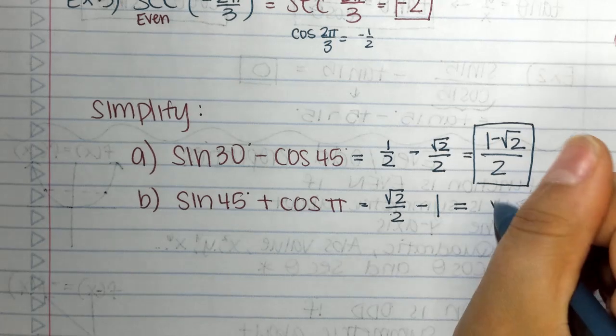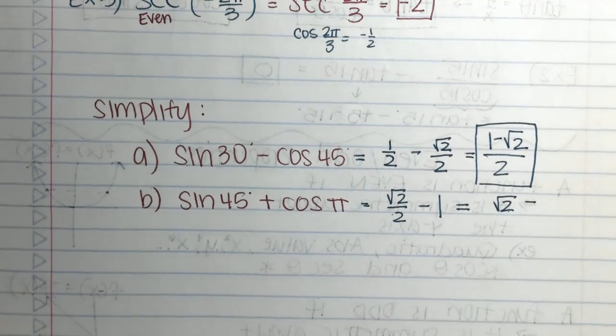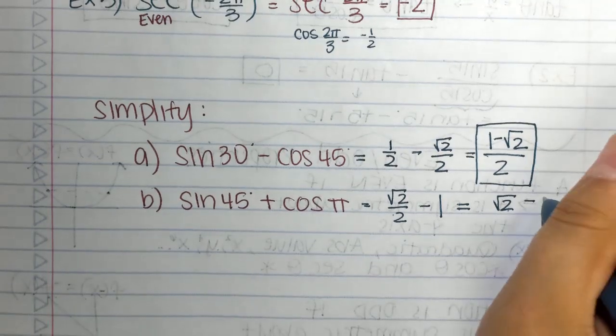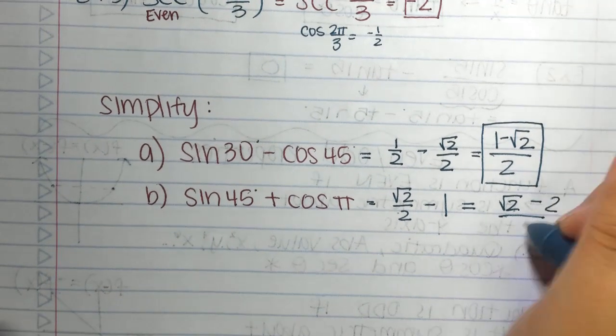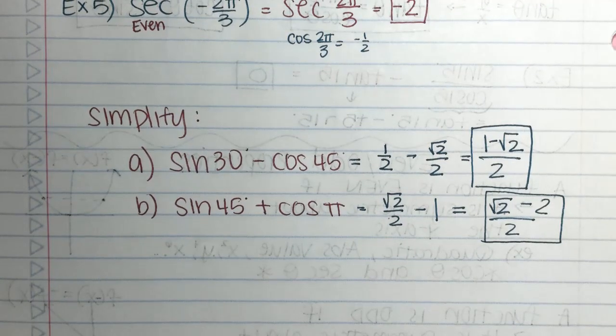No. It is going to be the root of 2 minus 2 over, and you cannot simplify that. Oh wait, I mean, negative 2 plus square root of 2 over 2. Negative 2 plus the square root of 2 over 2 is correct.